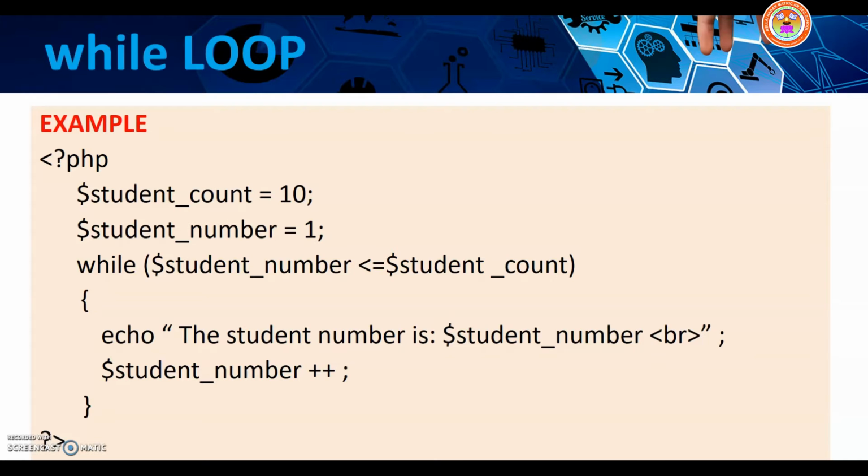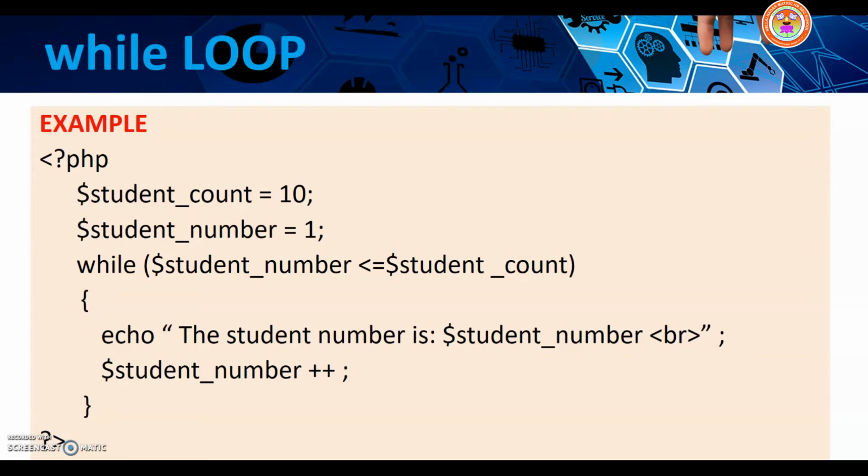What are the statements available in the body of the loop? First line will print student_number. That is, 1 will be printed and it will move to the next line. BR is used to move to the next line. See, immediately the student_number plus plus is given. So initial value 1 will be incremented. Now the student_number is 2.